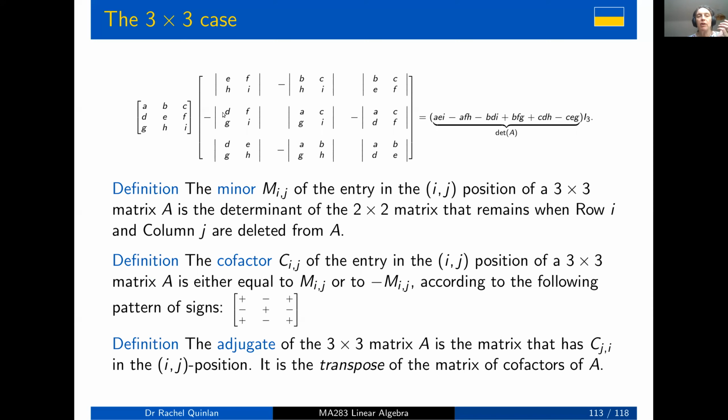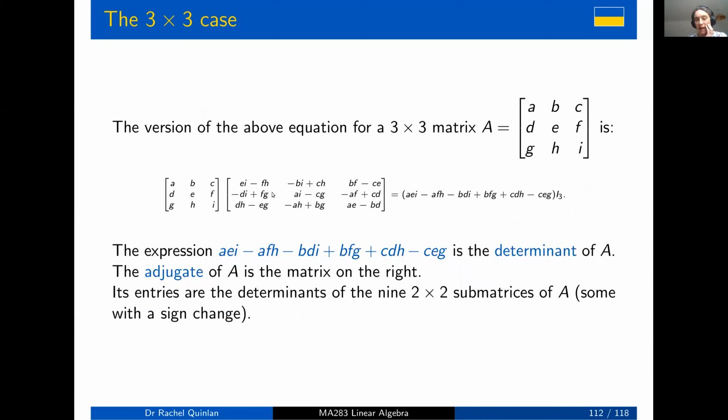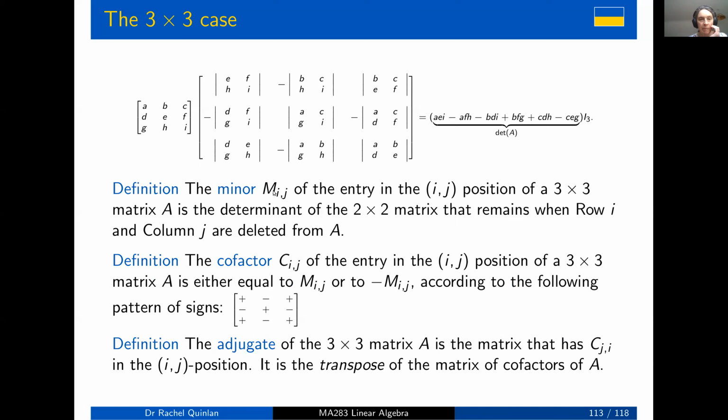For example, looking at the top left position, if we take the entries a, b, c of the first row of A, multiply each of those entries by the entry in the corresponding position of the first column of the adjugate of A, then we get the determinant. You can check that directly, maybe using the version on the previous slide, which is a bit easier to use for that purpose.